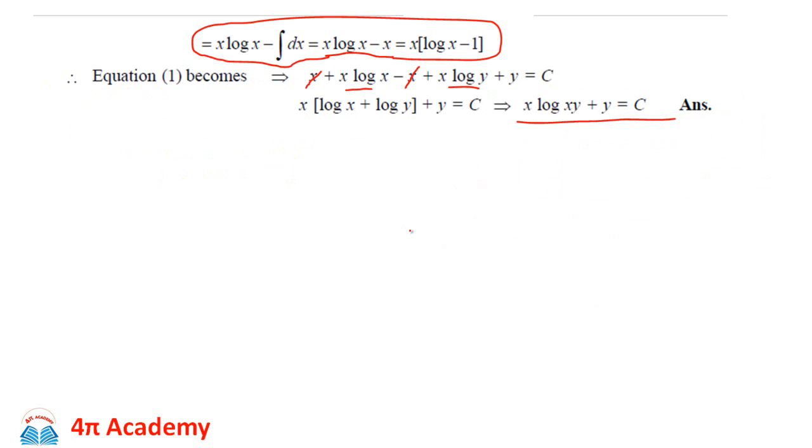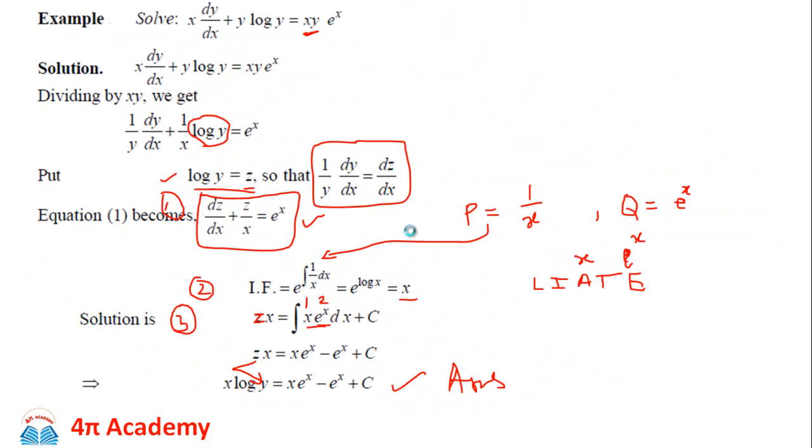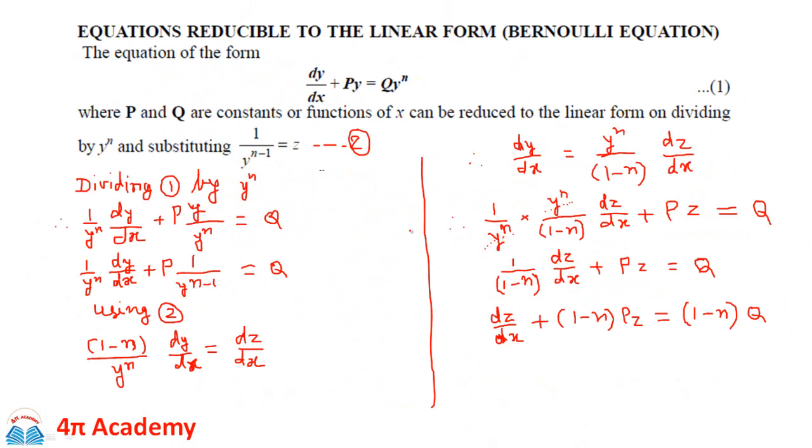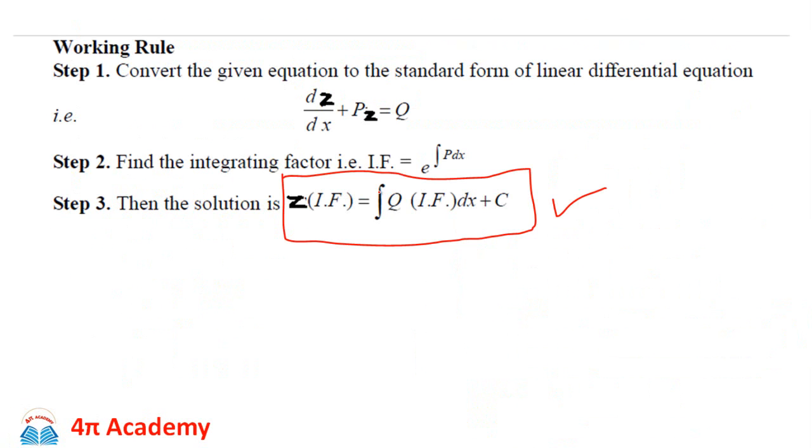Now we will have a quick recap of what we have seen in this lecture. In this lecture we have seen the equations reducible to the linear form, how to reduce them to the linear form, and then how to apply the working rule to solve the differential equation of linear form.